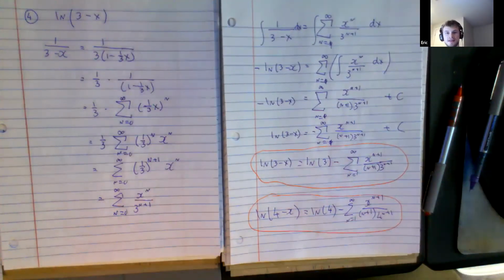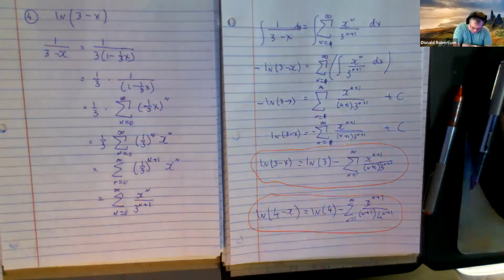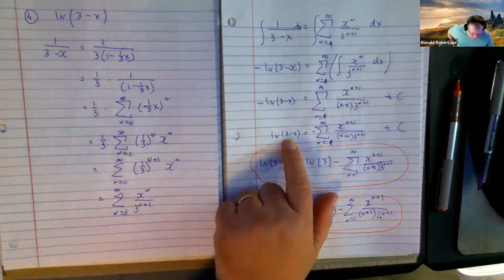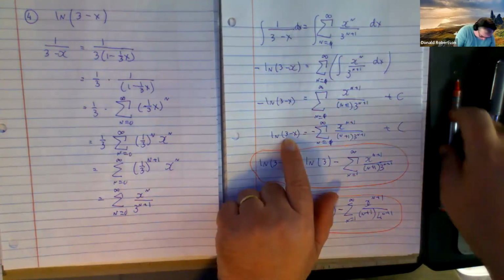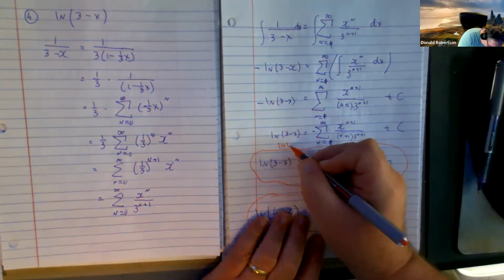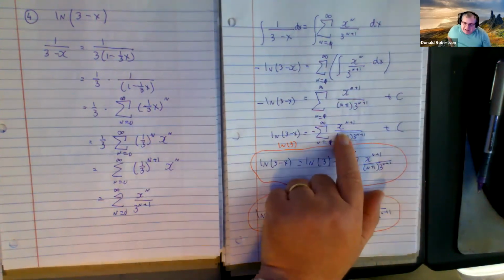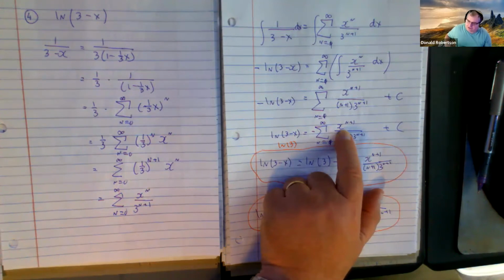Where did you get the ln 3 again? They gave it to us in the question, but if they didn't, plug x equals 0 on this side, and you will get the natural log of 3. If you make x 0 here, can you trust me, all you get is various powers of 0. 0 cubed, 0 squared, 0 to the 4, 0 to the 5. A whole load of zeros add up to 0.